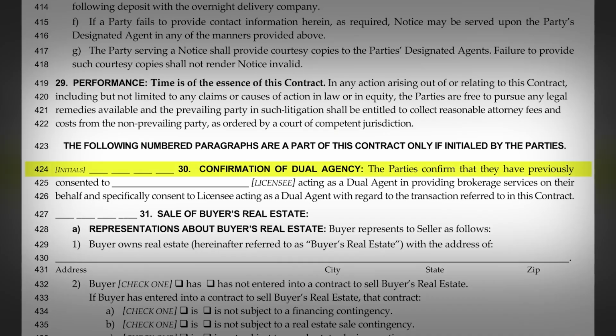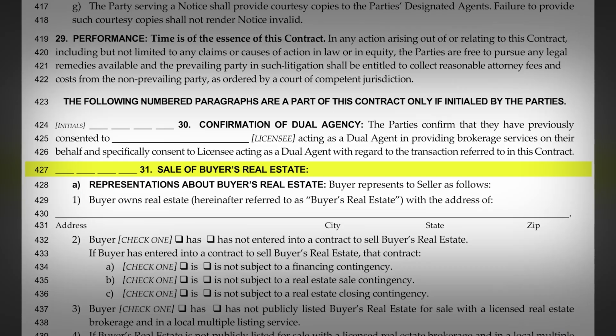This is the confirmation from both the buyer and the seller that they are still in agreement to allow the agent to be a dual agent. They have already given permission on their initial agency documents and now again are giving confirmation.